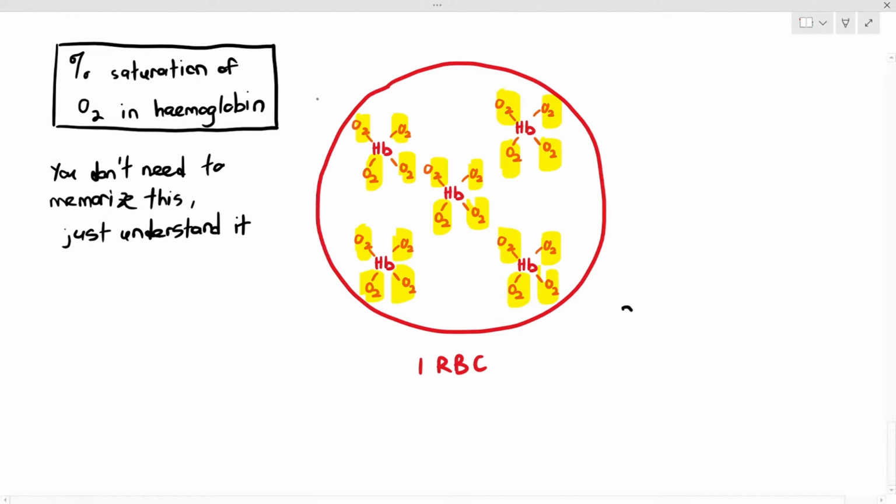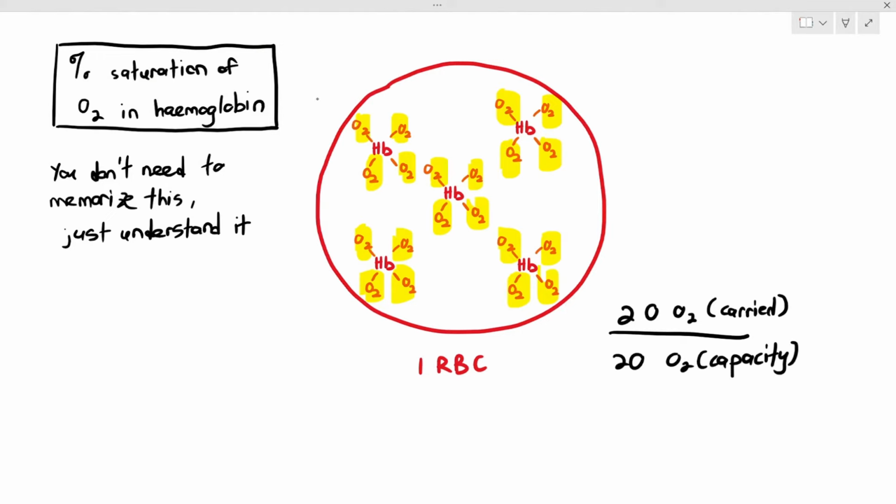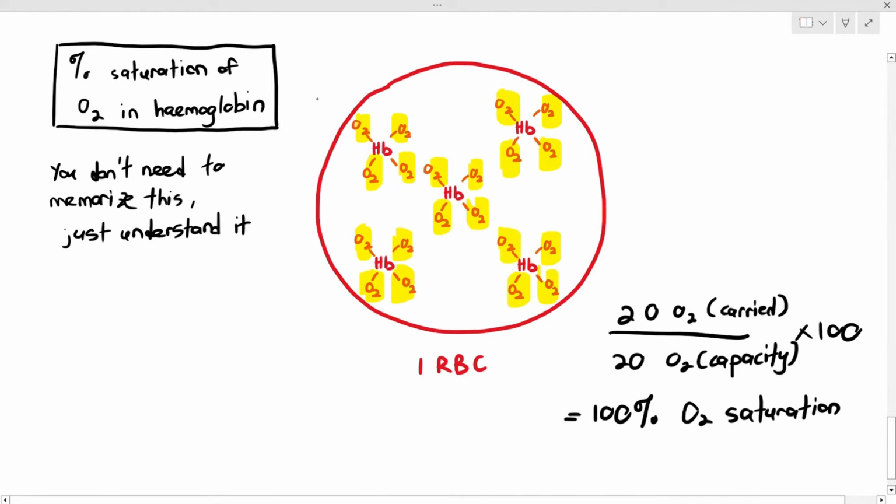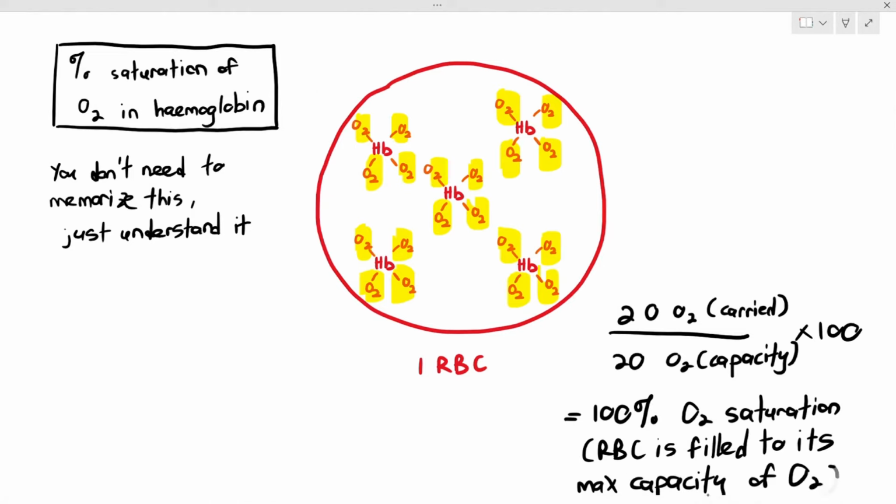So this red blood cell is carrying 20 oxygen molecules divided by 20 oxygen molecules, which is the capacity that it can carry, multiplied by 100, which means the percentage saturation of oxygen is 100% oxygen saturation. The red blood cell is fully saturated with oxygen, and it cannot carry any more oxygen even if it wanted to. So this is its max capacity.